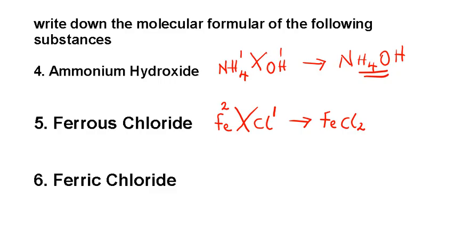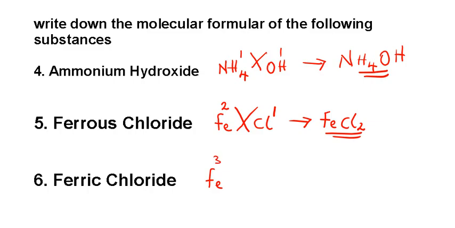So let's look at ferric chloride. Ferric has a valency of 3, and we know that chlorine has a valency of 1. So let us exchange their valency.